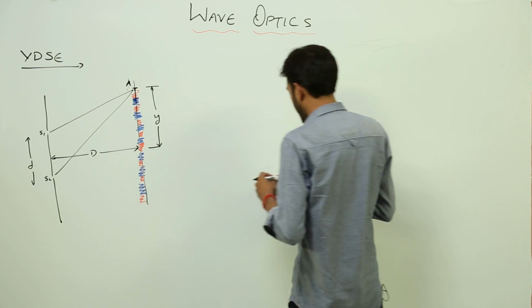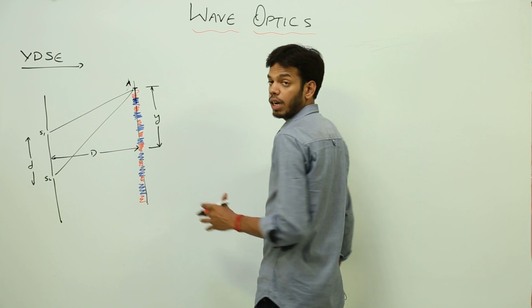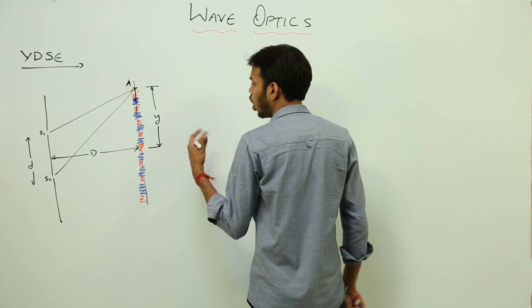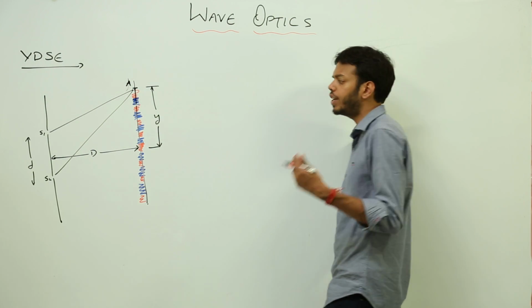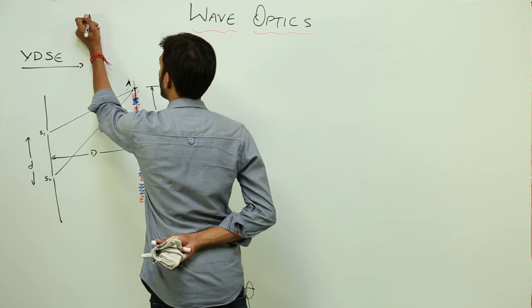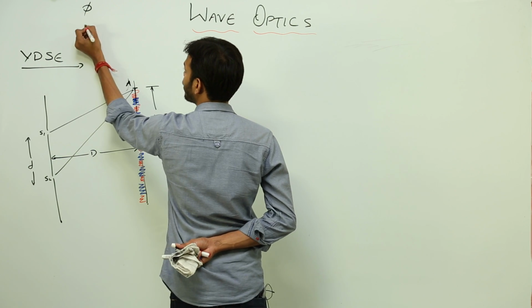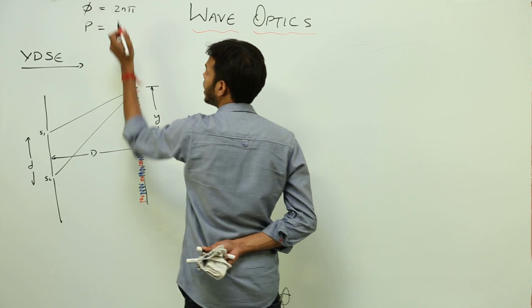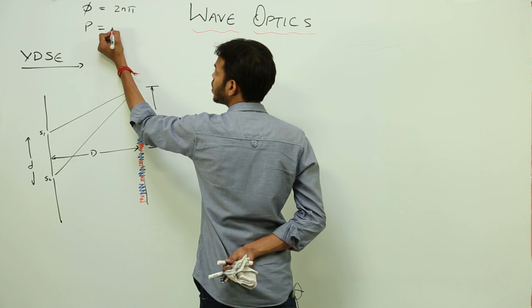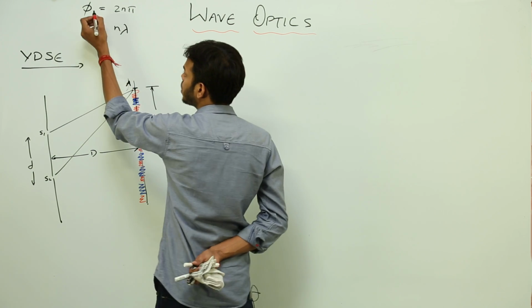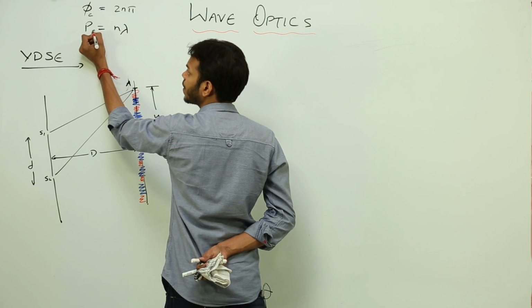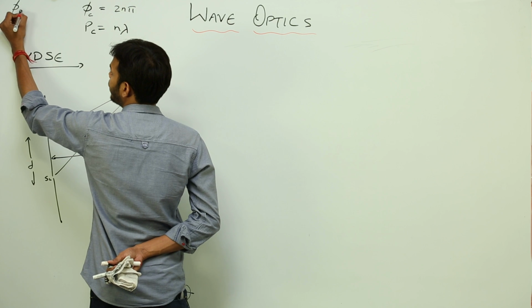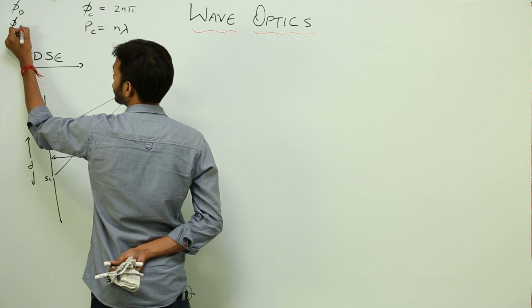So for now, I want to write the value of y in terms of all those components which we have derived before. What have we derived before? We know that the phase difference for constructive interference was phi equal to 2n pi, and the path difference was n lambda. This was for bright fringes, constructive interference, right? And for destructive interference, what did we have?